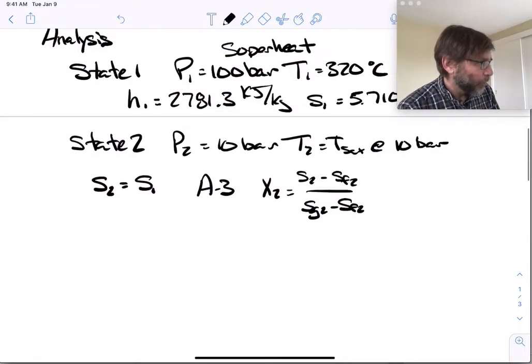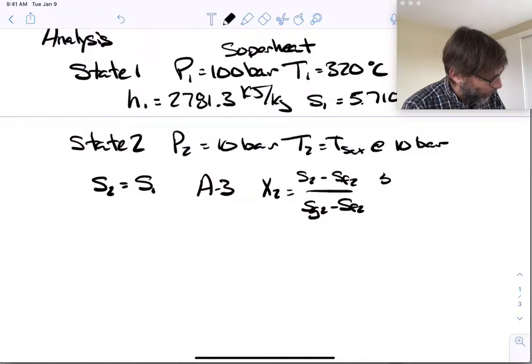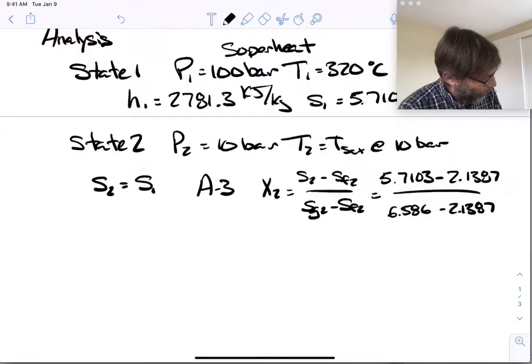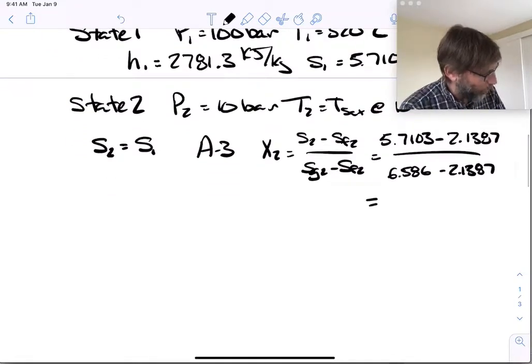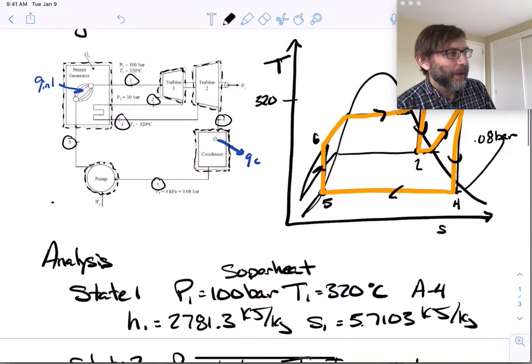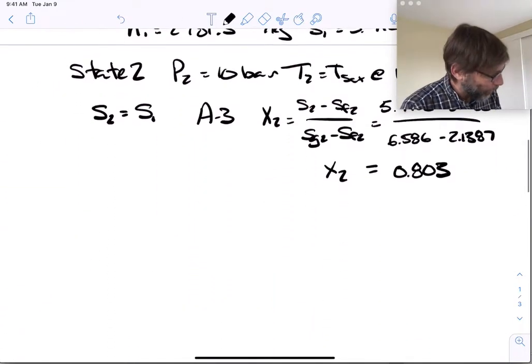So we can get the quality by just putting these values in: 5.7103 minus 2.1387, those are looked up in the tables, over SFG, which is 6.586 minus 2.1387. And then we can get the quality. So the quality X2 is then 0.803. Looking back here, it doesn't look like 80, it looks like about 90 according to my diagram, but okay, that's fine. So it's about 80% quality.